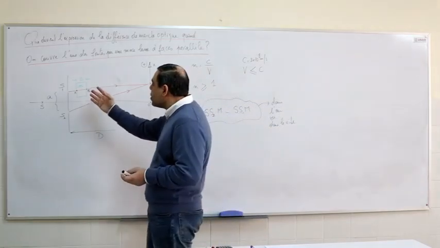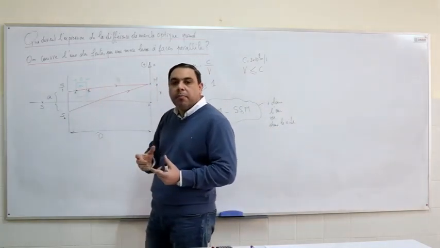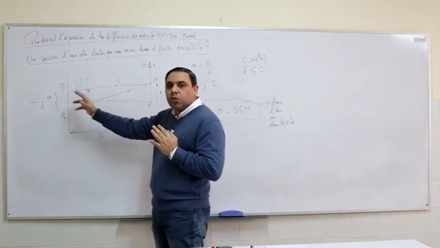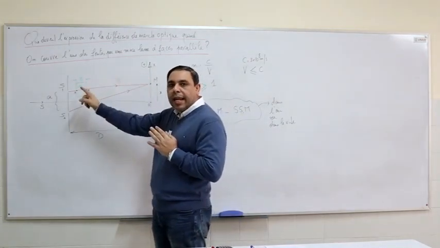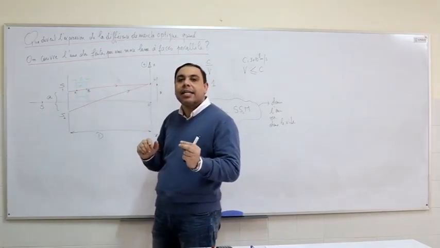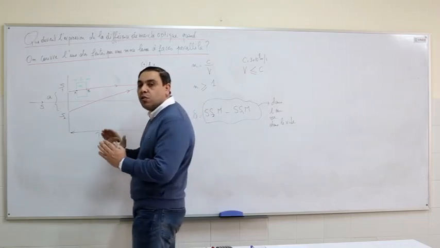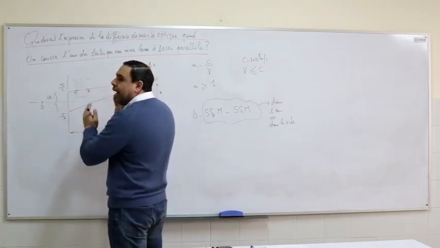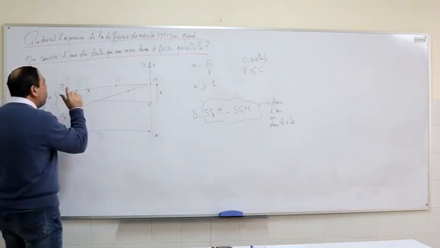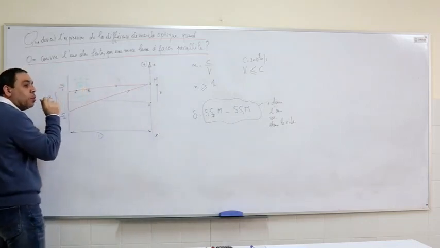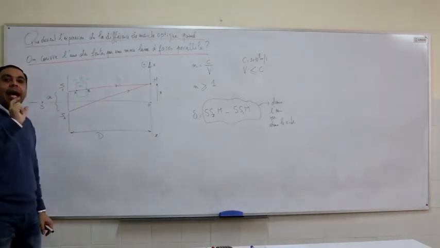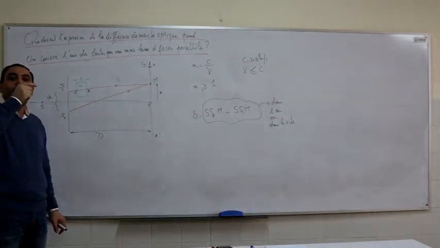The problem can be solved by replacing this thin plate by another containing air, for example, or vacuum. That is to say, the optical path in the plate is equivalent to the optical path in air of a certain thickness. So how can we find this equivalent thickness? The duration of the passage of light in the plate is equal to the duration taken by light in air.